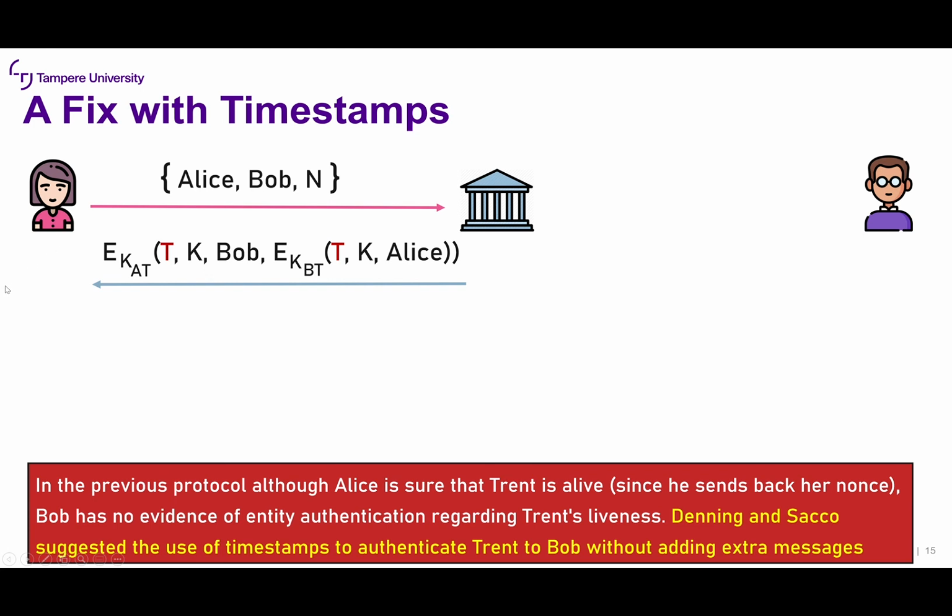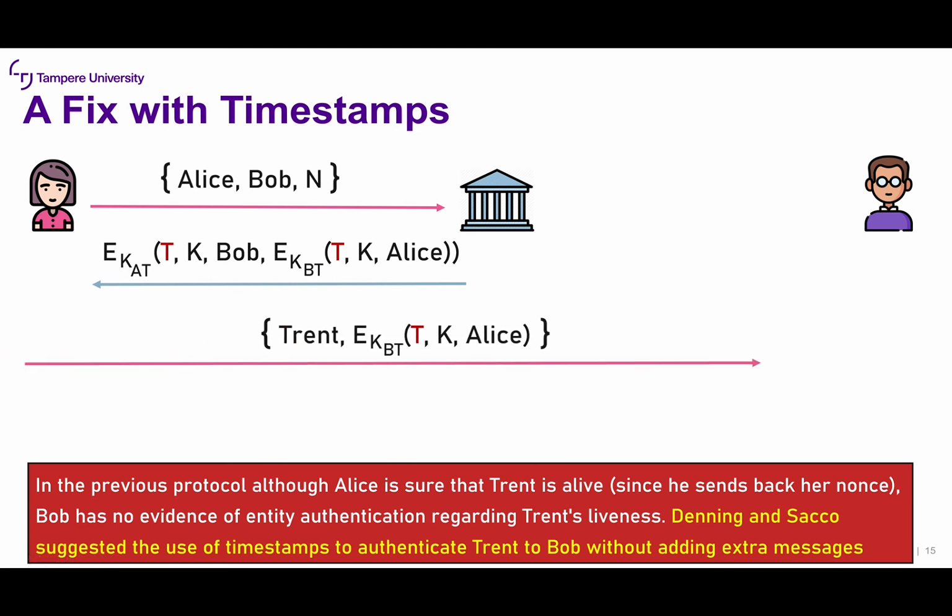Now let's see how this would differentiate things, right? So upon reception, Alice finds all this, checks that everything is good, that Bob's identity is here, finds the session key K, and verifies that the timestamp means that the message is fresh, and so on.